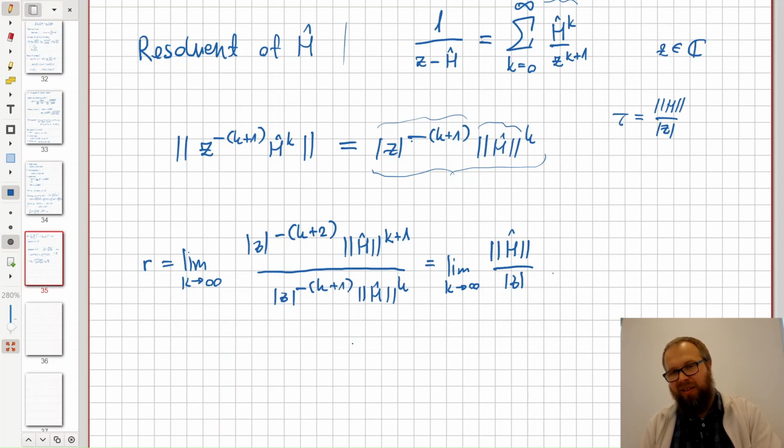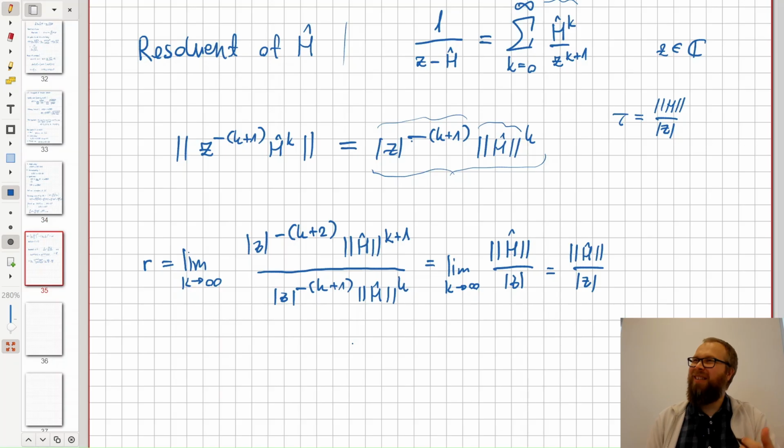So actually the limit is unnecessary here. This is an argument for it being a geometric series, because the ratio test for a geometric series gives you just the common ratio. Now if you want it to converge, this would have to be smaller than 1. This is the ratio test speaking.